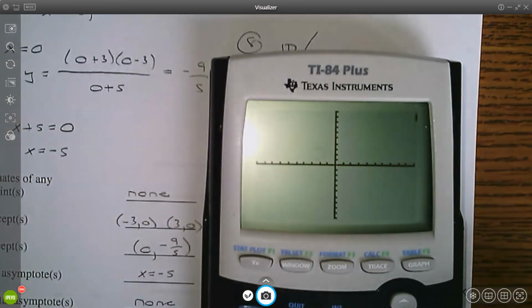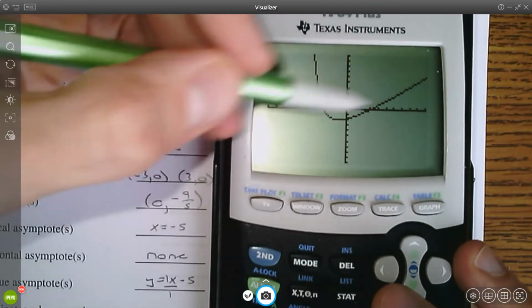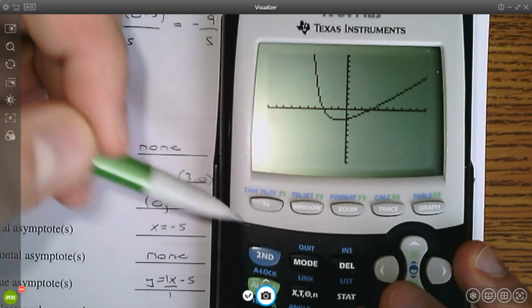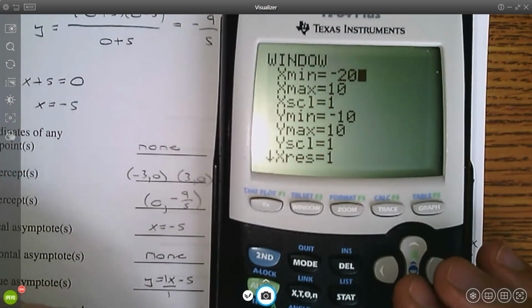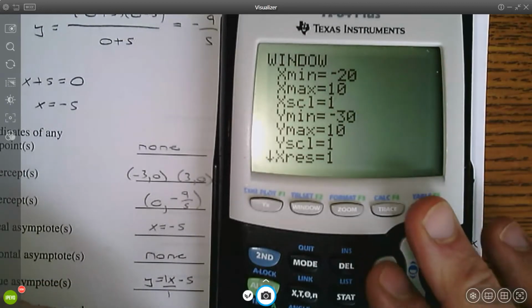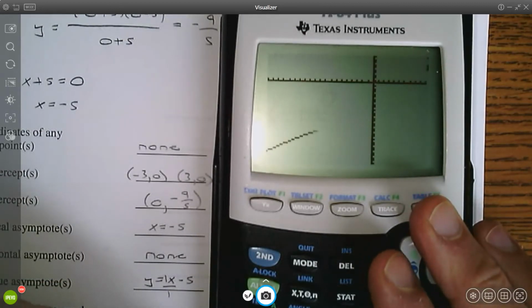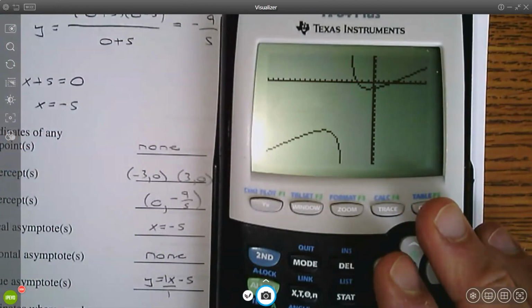I'm going to graph that. And I can see the one piece of the function, but the other piece of the function is down here to the bottom left. So what I really need to do is change this window. I need to go further to the left, let's say negative 20, and further down, say negative 30. And now I can see that second piece of the function.